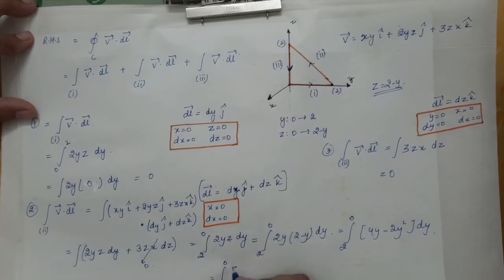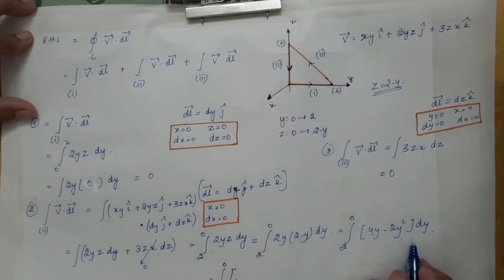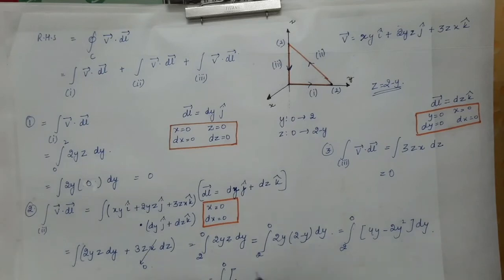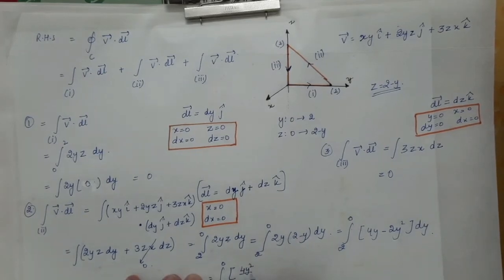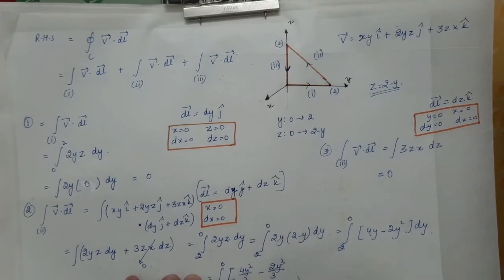On evaluating this integral, we get 4y square divided by 2 minus 2y cube divided by 3, with limits from 2 to 0.